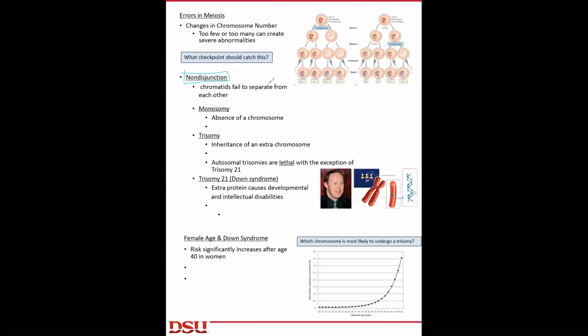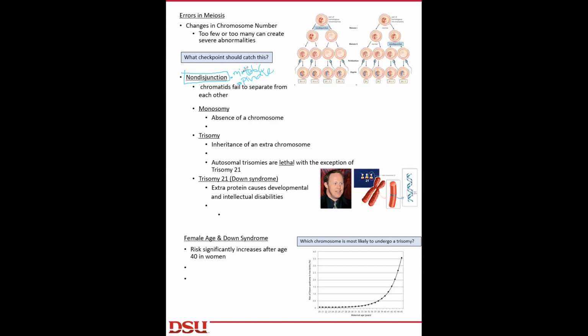This is where the chromatids fail to separate from each other. Again, this can be caused by the mitotic spindle or the spindle fibers. So you have to think about these structures mechanically in the cell. Our winch and pulley system may not have attached or may not have reeled back in correctly.